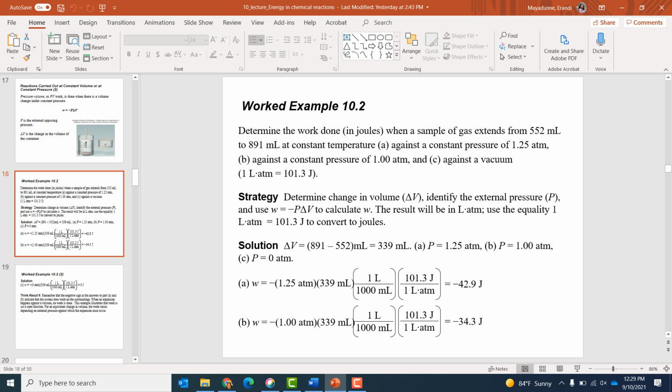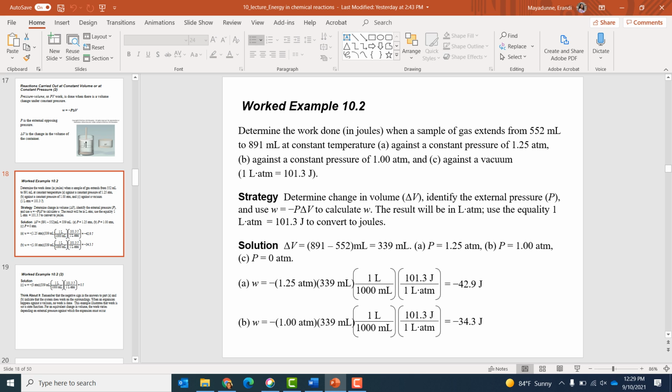So let's look at the delta V. They ask us to find the work. The work W is negative P delta V. It's always negative P delta V. So the delta V, we know the final is 891 and the initial is 552, so the delta V is 339.